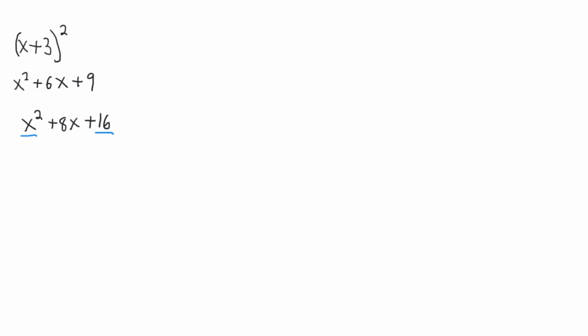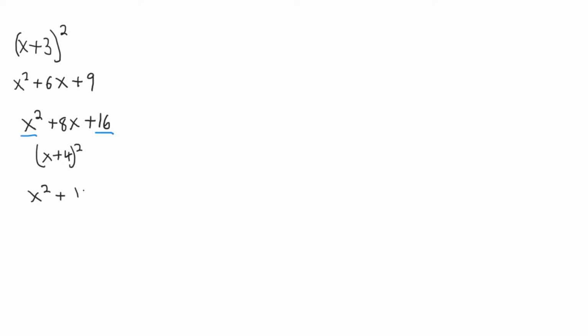So then I would check, is x plus 4 squared going to result in x squared plus 8x plus 16? And in fact, it will. x squared, twice the product of x and 4 is 8x, and the square of the last term would be 16.